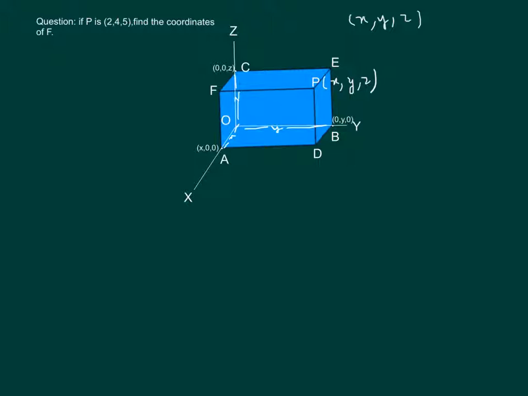Therefore, F will have only x, 0 and z, but it is given that x, y and z are 2, 4 and 5, implying that coordinates of F will be 2, 0 and 5.